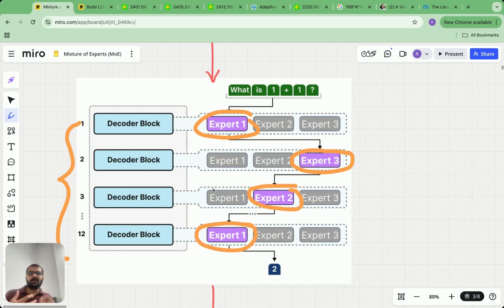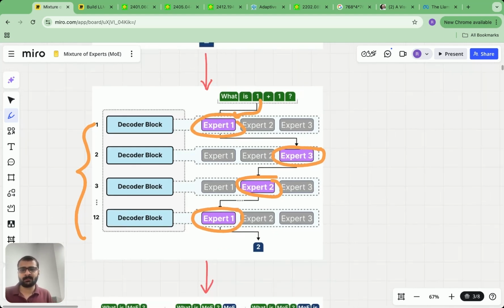So it does not necessarily mean that if it is routed to expert number one in the first transformer block, it will only be routed to expert number one in all the blocks. No, experts in different transformer blocks might be specialized on different tasks. So if expert 1 handles numbers in the first transformer block, expert 3 might handle numbers in the second transformer block. We do not encode this information a priori. That's learned based on the input sequences.